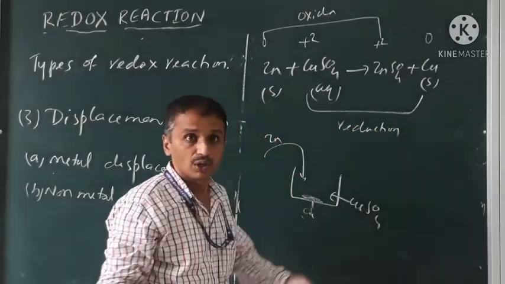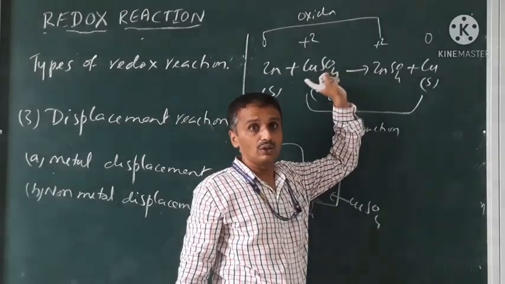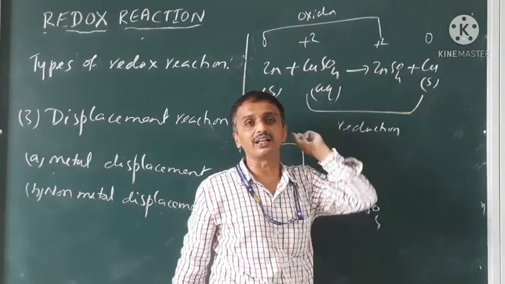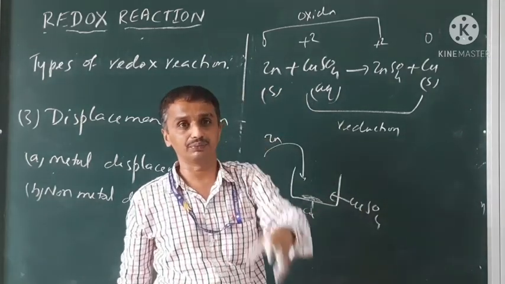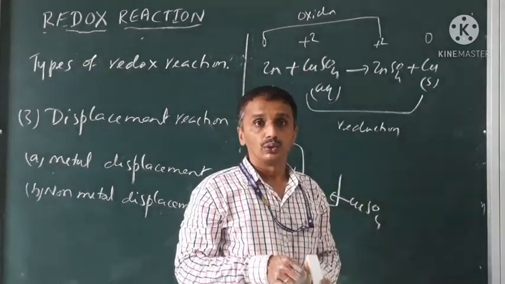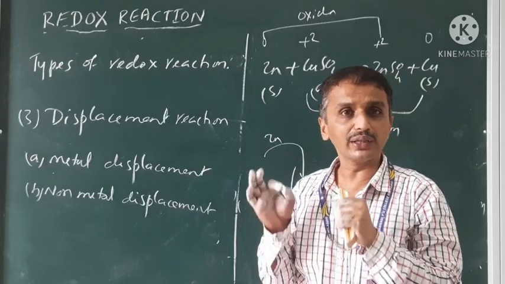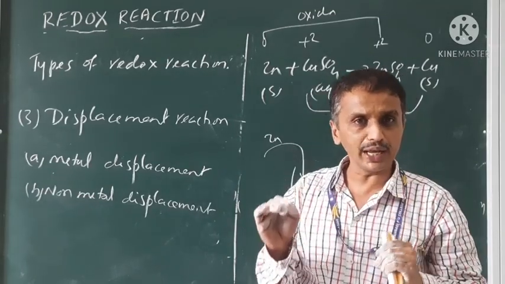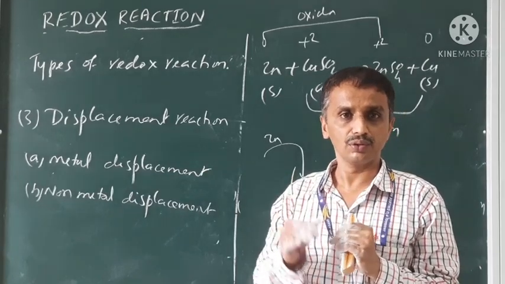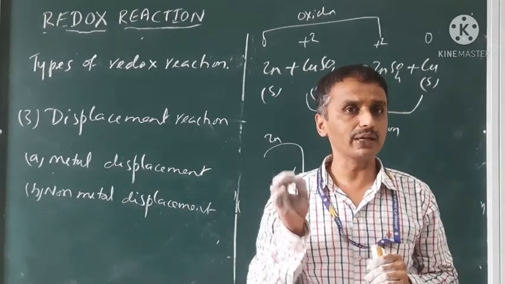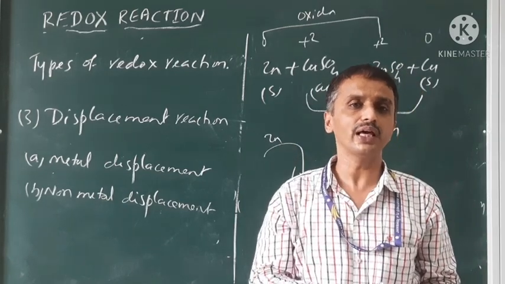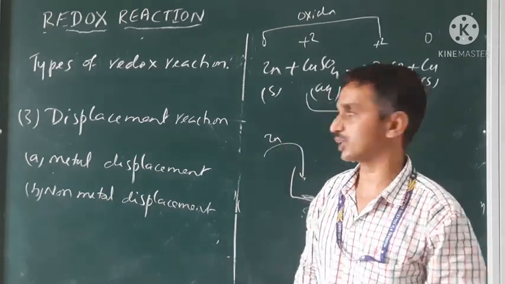But during this reaction, copper, which is a metal, is displaced. That's why it is a metal displacement reaction. It does not matter whether a metal or a non-metal is used. If the product obtained is a metal, then it is metal displacement. If a non-metal is displaced, it is a non-metal displacement reaction.